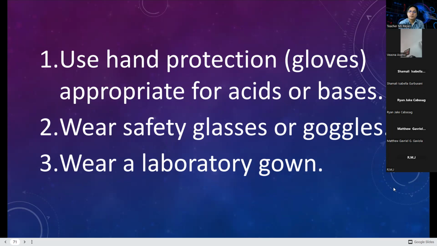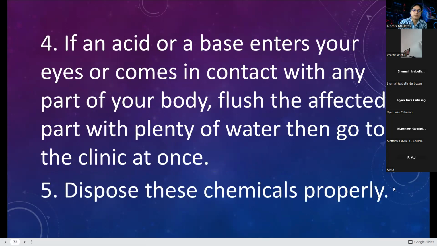The third one, always wear your laboratory gown. That is for your protection. Fourth, if an acid or base enters your eyes or comes in contact with your body parts, flush the affected part with plenty of water, then go to the clinic at once.